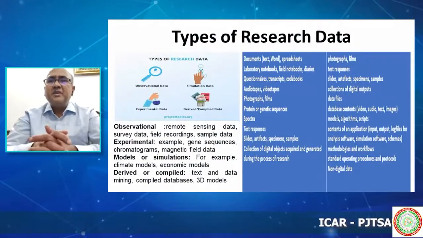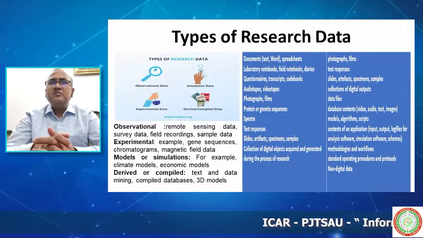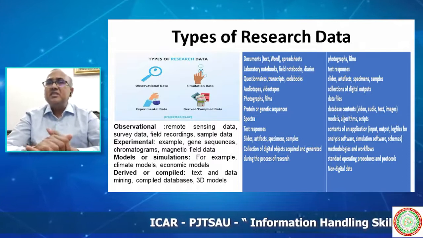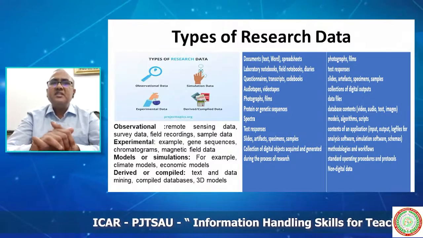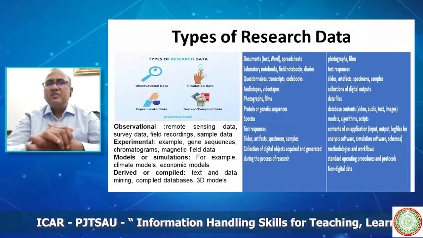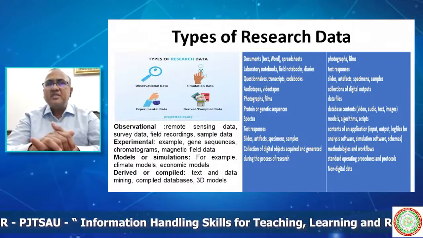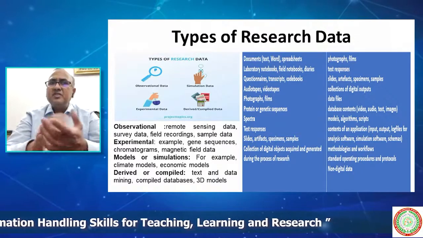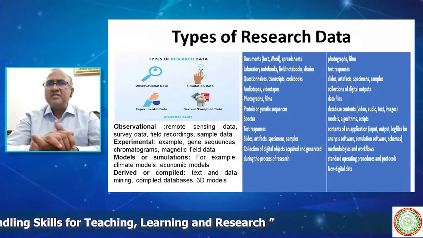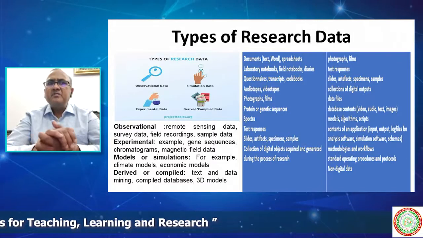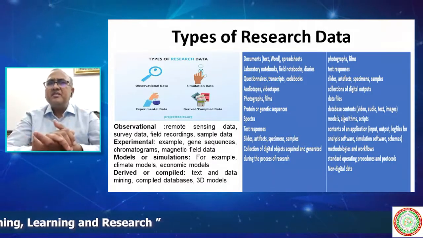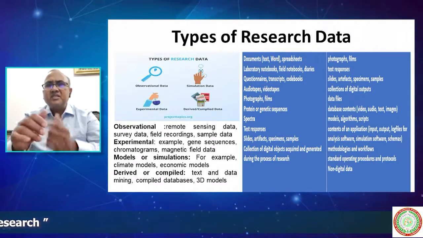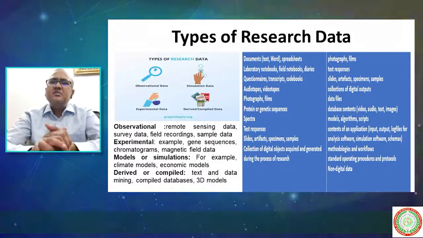And there are different types of data based on various kind of activities, like observational data, research data which is based on remote sensing, data survey, and various kind of field visit or a collection of samples, etc. Then experimental data, like in various kind of research experiments data is collected, and it also have different other categorization based on activities, circumstances, and analytical process and activities.